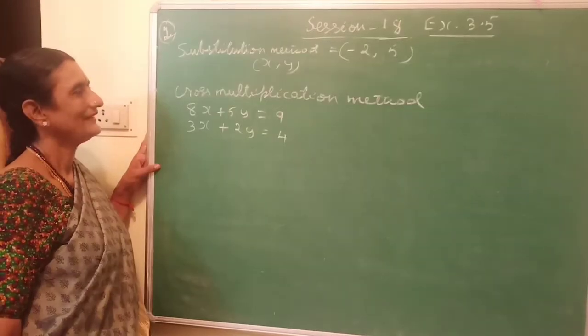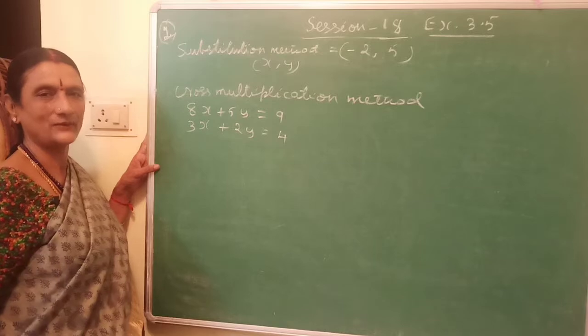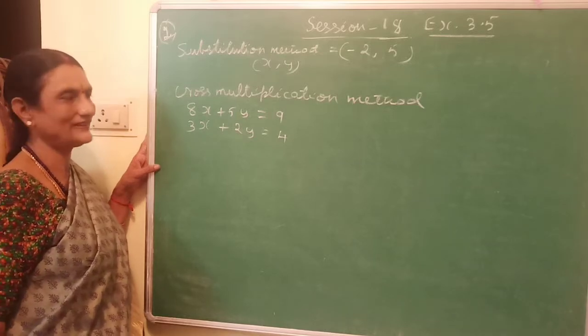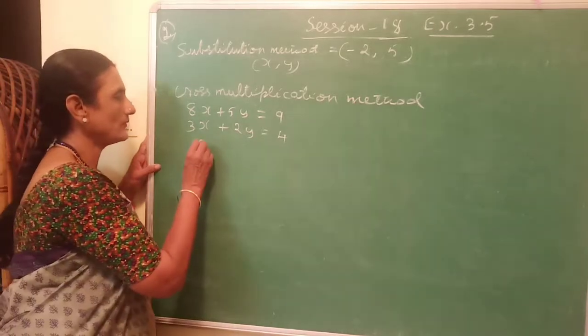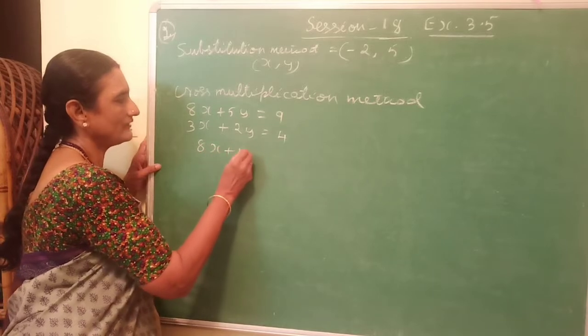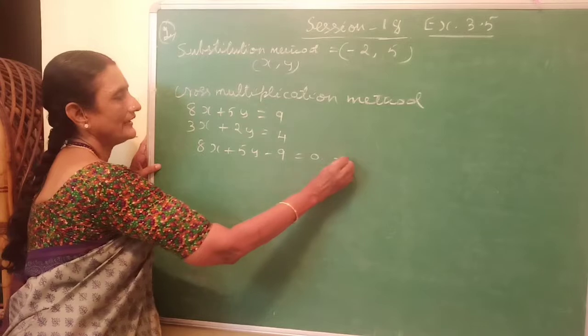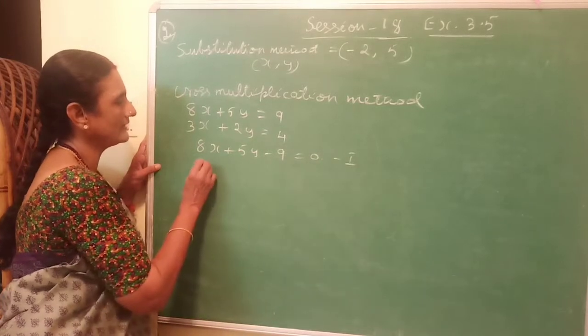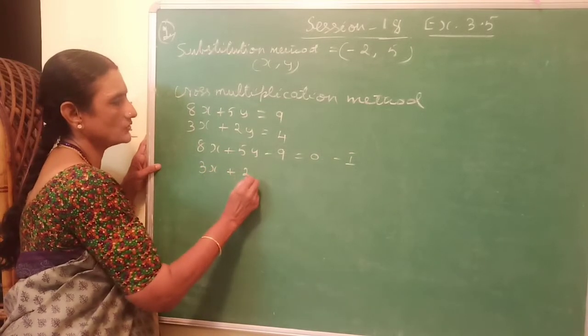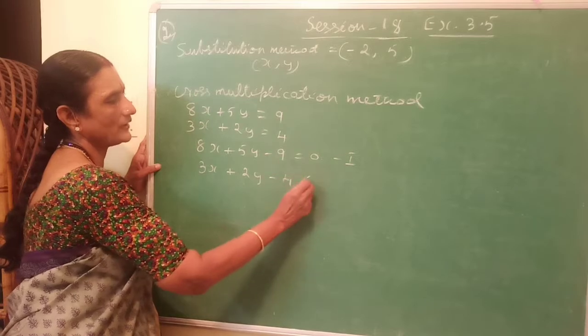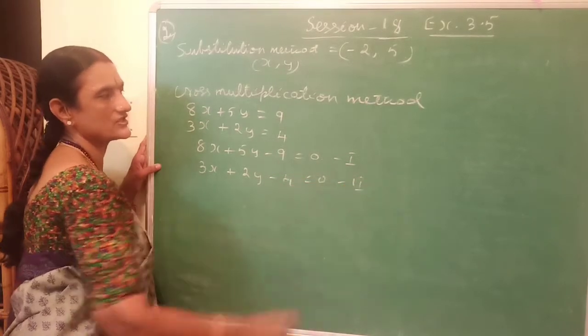Now we'll try to solve the equations by the cross multiplication method. The first step is to write them in the standard form: 8x plus 5y minus 9 equal to 0, let us number it as equation 1, and 3x plus 2y minus 4 equal to 0, that is equation 2.